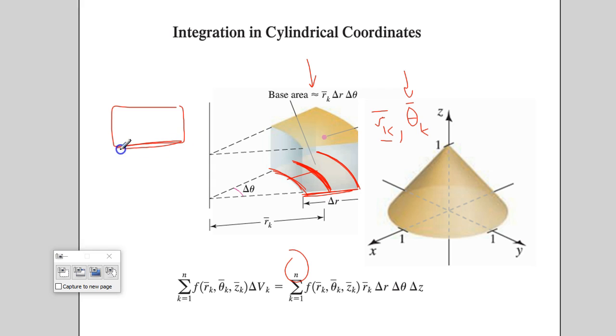So because this is the approximation, there's that r with the bar over it, the mid radius of that thing, and that arc length that we cut out right there is r bar times delta theta.